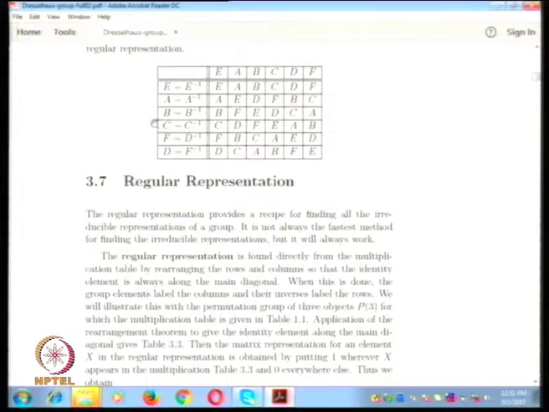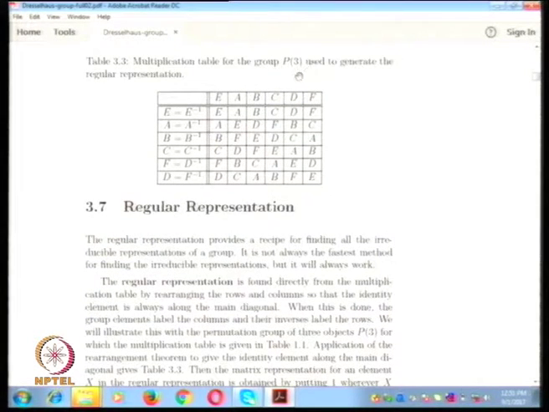Here the entry is E A B C F D, whereas here it is E A B C and then D F. So the rows and columns are not now labeled by exactly the same thing. Rows are labeled by inverses and columns are labeled by the elements, but that puts E along the diagonal.